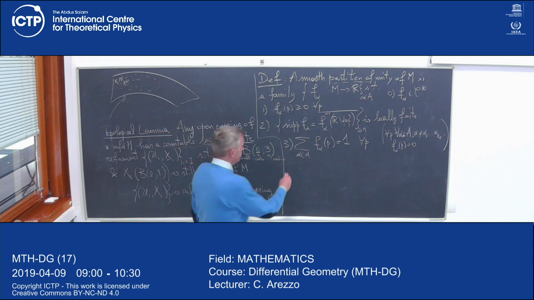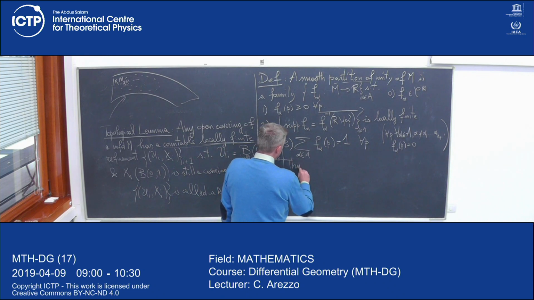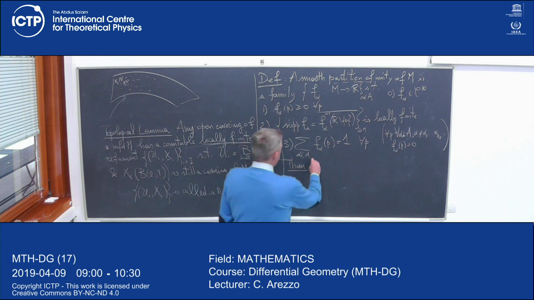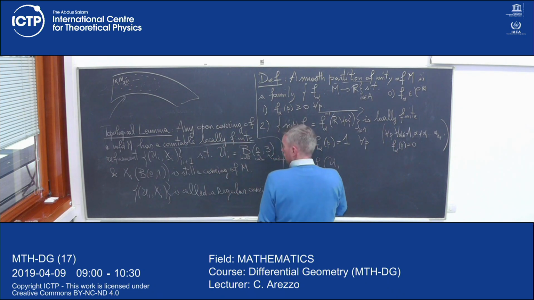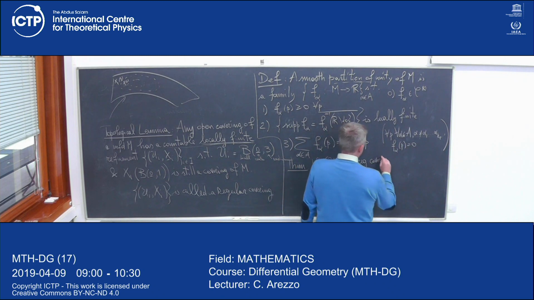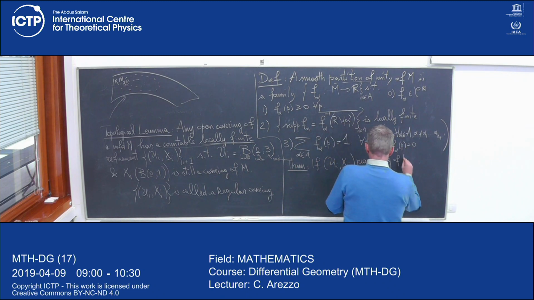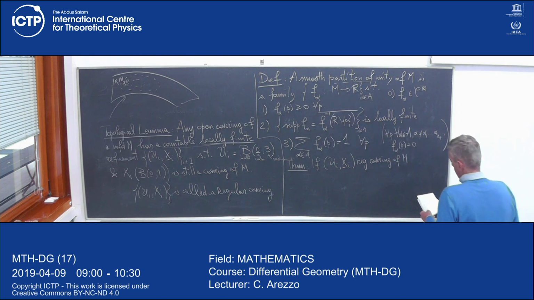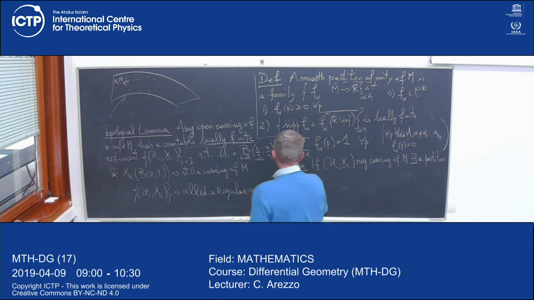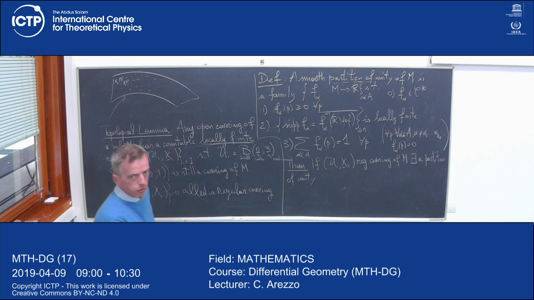Okay, so the key theorem here is that if I take a regular covering, Ui, xi, there exists a partition of unity, what is called subordinated to it.